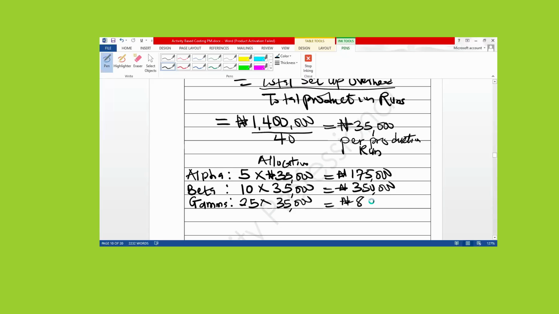If you sum up these three, it must give you back 1.4 million, because the total overhead for setup is 1.4 million. It must give you back the total. It is correct. We have allocated setup overhead to the three products on the basis of production run, not labor hour.